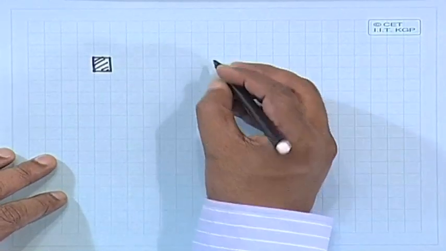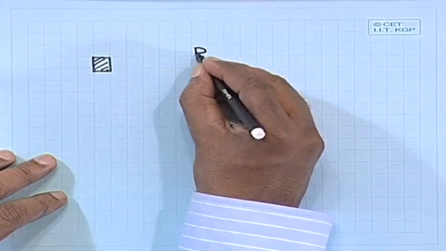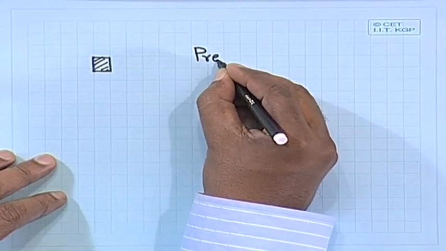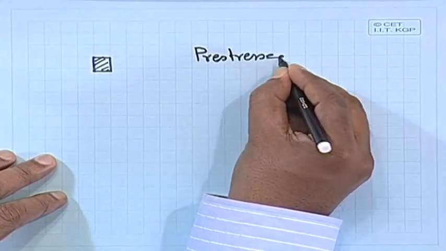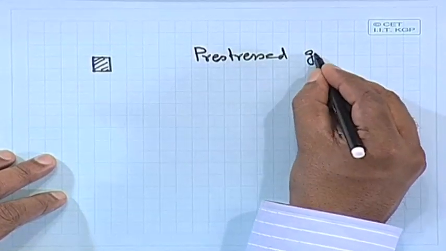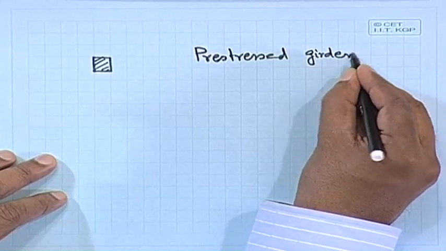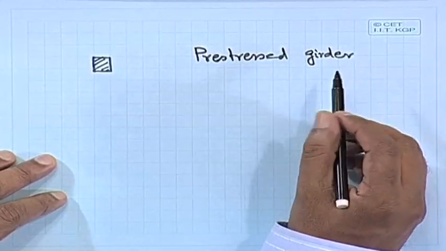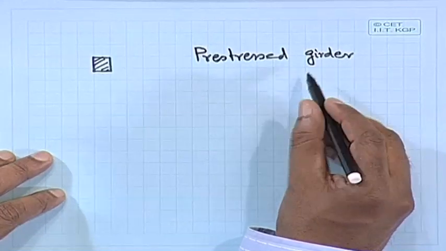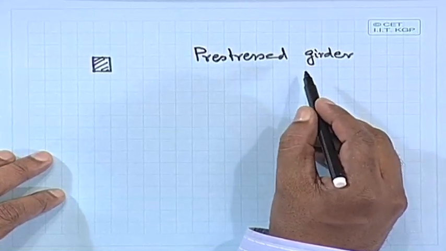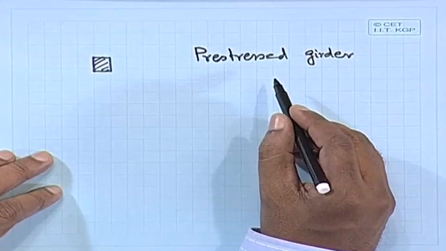There is one bridge popularly used for reinforced concrete, that is the pre-stressed girder. If I get the opportunity, I shall tell a little bit on pre-stressed girder. This pre-stressed girder, we can make it outside.